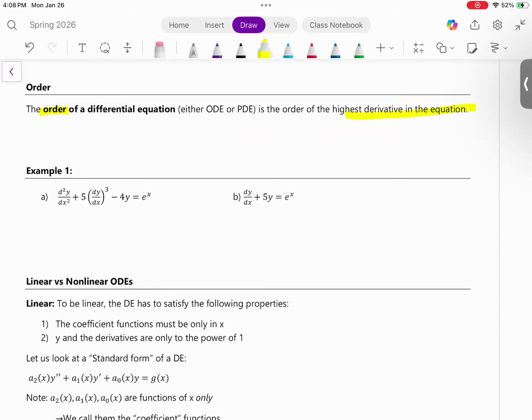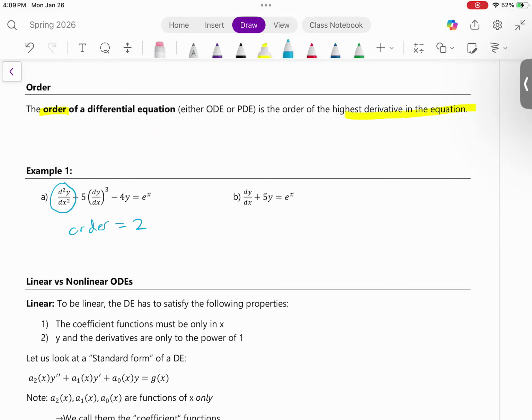So in this example, we have d squared y over dx squared plus 5 times dy over dx cubed minus 4y equals e to the x. Okay, so order is just the highest derivative. And what would that be? That would just be 2 because d squared is just the highest derivative.